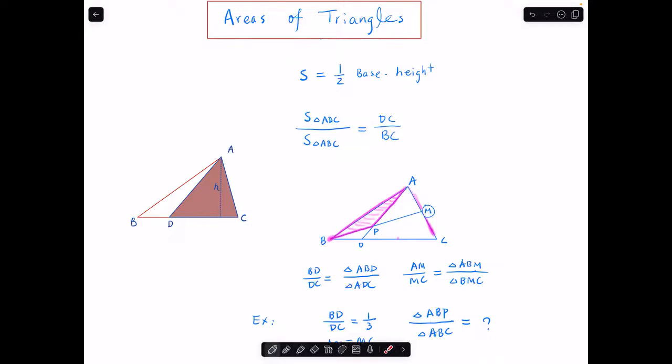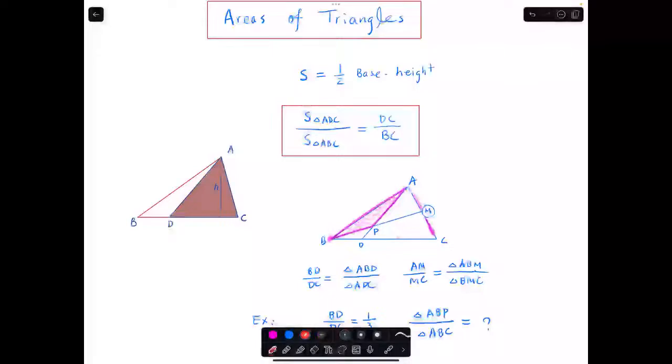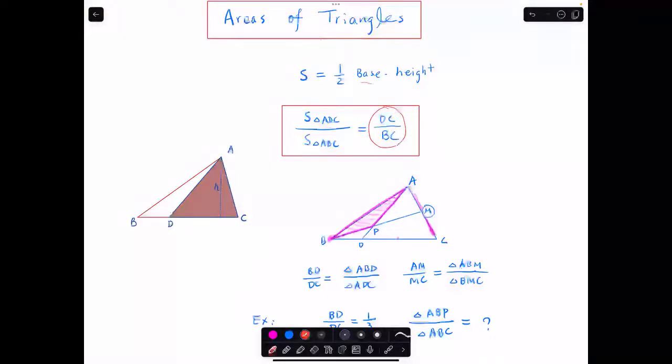So we make the claim here, which is a very useful fact. That is, the ratio of the shaded area ADC over the big triangle ABC is simply the ratio of the bases.